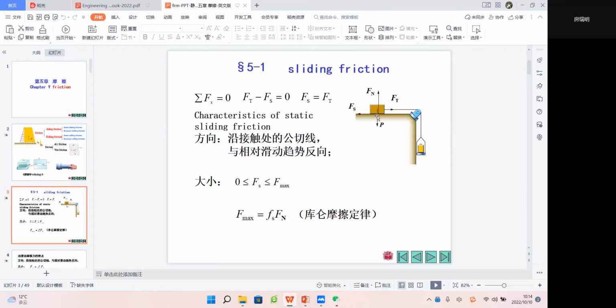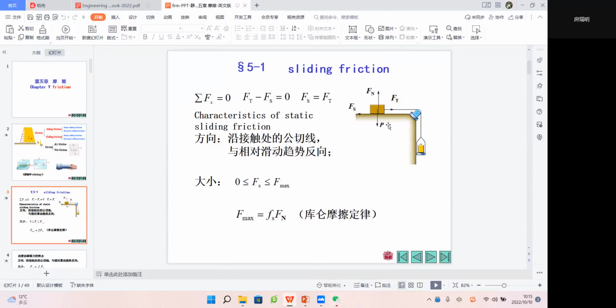So we have Ft, which is driven because of the weight of this thing, right? So we have Ft minus Fs equals 0. This Fs is the friction, actually the static sliding friction. It is the force which prevents the box from moving along the positive direction of x.